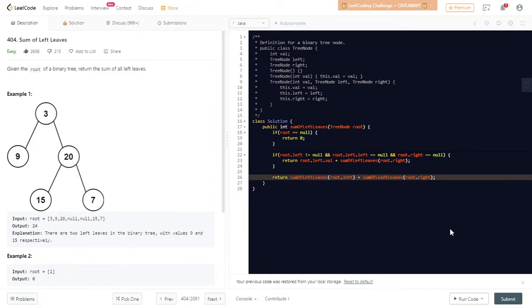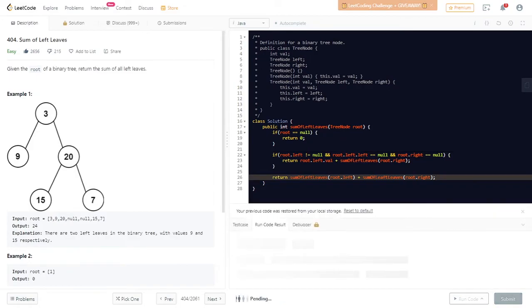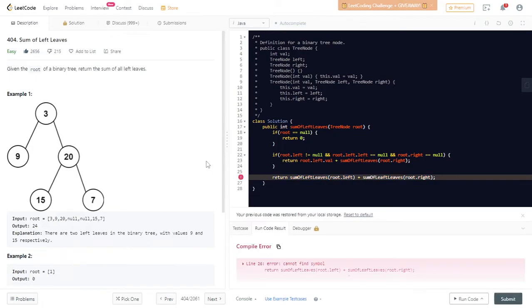So I hope you understood the code. Let's run the code and check if it runs. Sum of left leaves, cannot find symbol. Oh, sorry, my bad. Left.